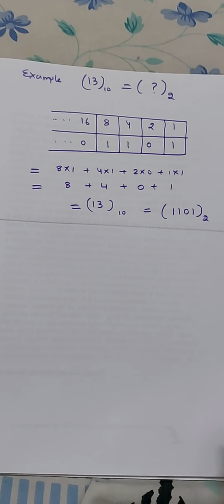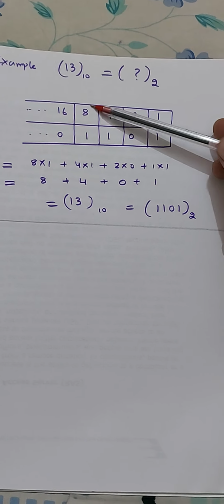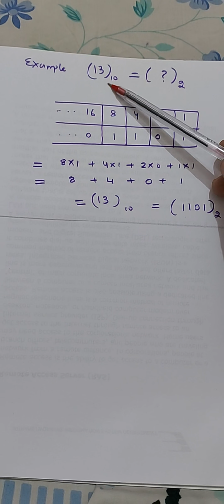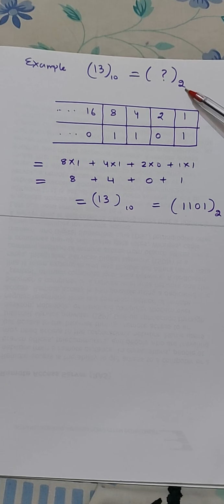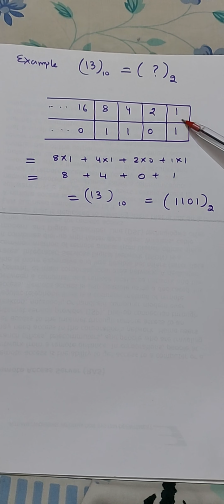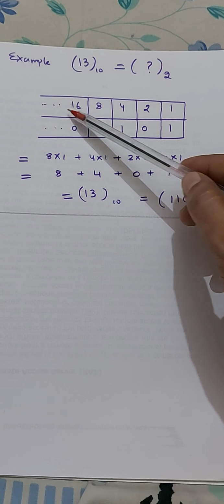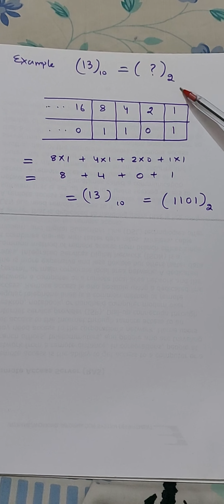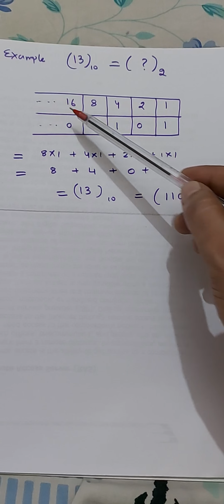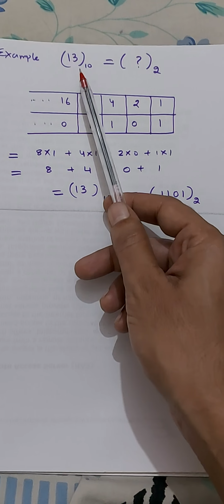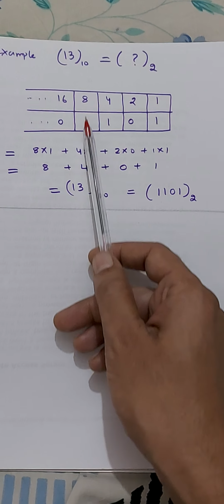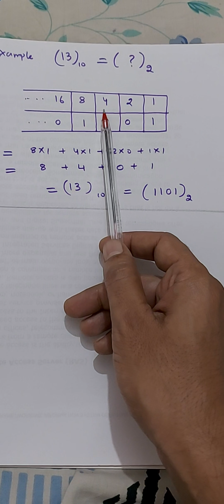In a similar way, we can construct binary numbers also. So what will be the binary equivalent of 13 in decimal? This is base 2, which represents binary number. This is a question mark. We need to find out. What we do is we write the weights of binary number. 2 to power 0 gives us 1, 2 to power 1 gives us 2. So these are the places, and in these places we need to get 13 as a weight. So 8 we need one time, 4 we need one time.